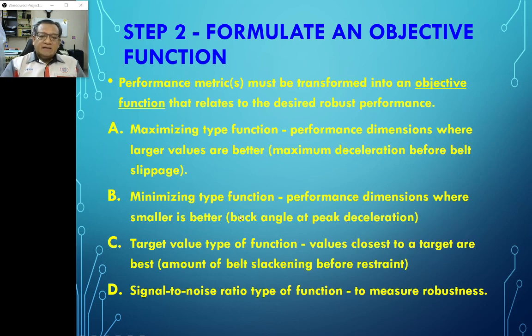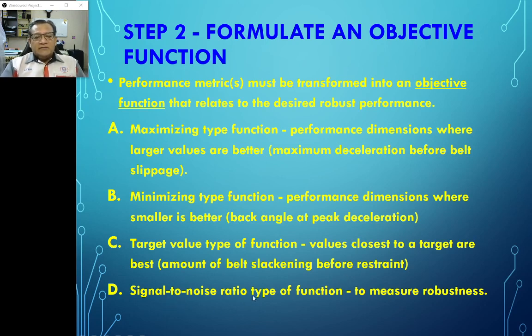The smaller back angle is much better, right? Or you have a function of target value type. Closest value to a target is best, right? For example, amount of back belt slackening before restraint.